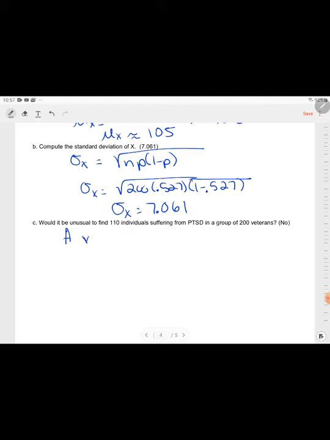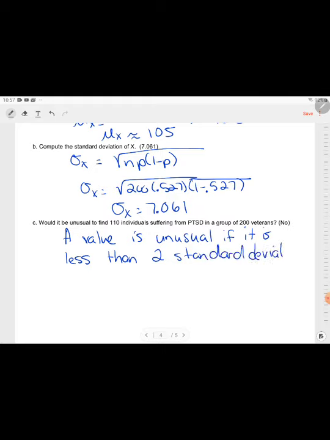A value is unusual if it is less than 2 standard deviations from the mean, or more than 2 standard deviations from the mean.